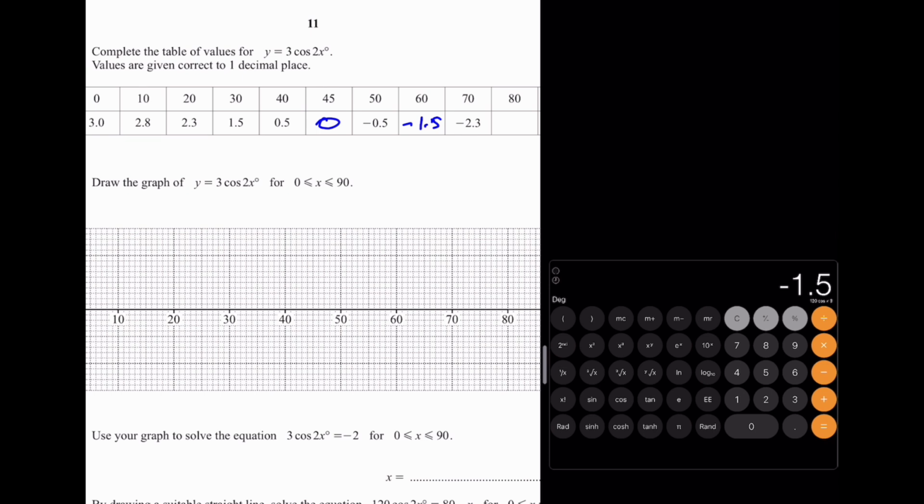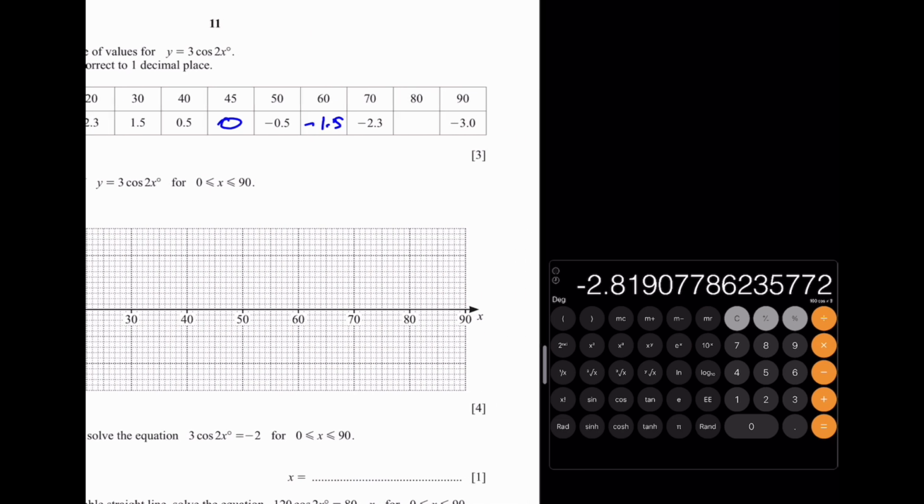Now for x equals 80, we don't remember the trigonometric value for cosine 160, so of course we just do it in a calculator. So cosine 160 is negative 0.819, and multiplied by 3 is negative 2.5, and negative 2.8 to one decimal place.